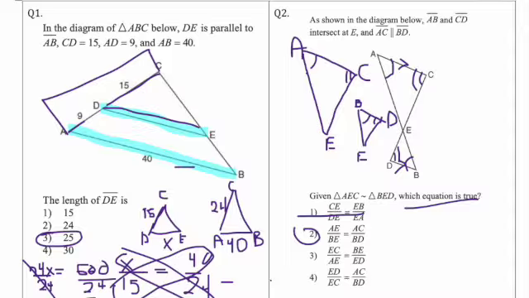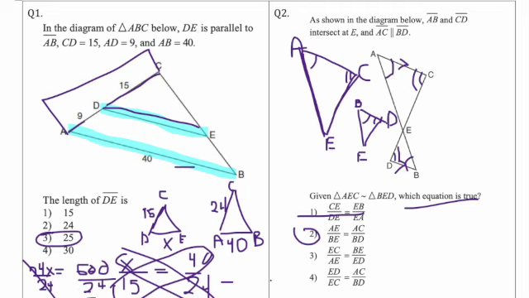So we have AE over AC. So big is to another side of the big, as BE is to ED. Okay, so let's check this out. So we have this side is to this side, and so EC is on top, AE is on the bottom.